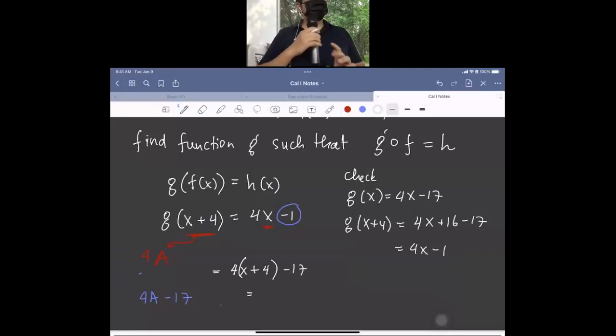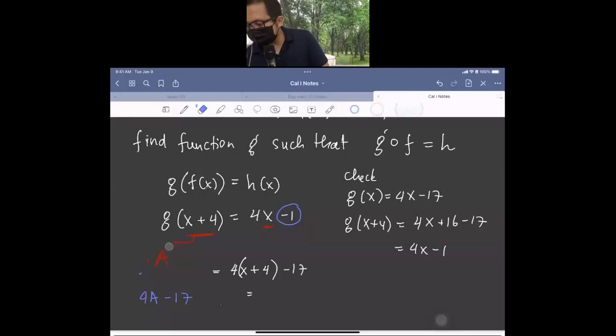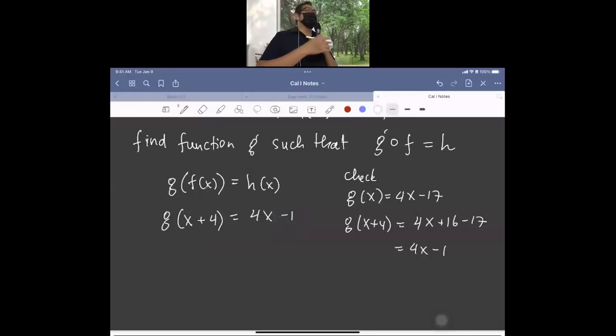I hope everyone got my point. Maybe let me go back through here, okay? We want to have 4x minus 1, right? We don't know yet what kind of function g is. To make it easy, let g have some variable x. If this is just x, then the result is x plus 4.